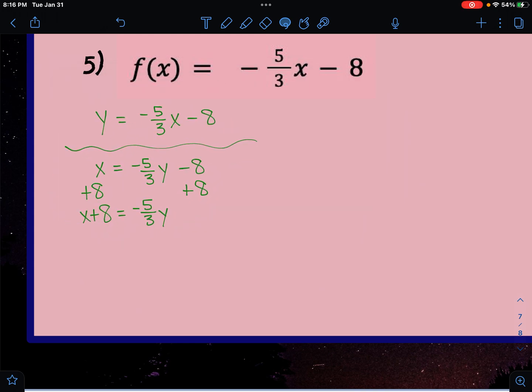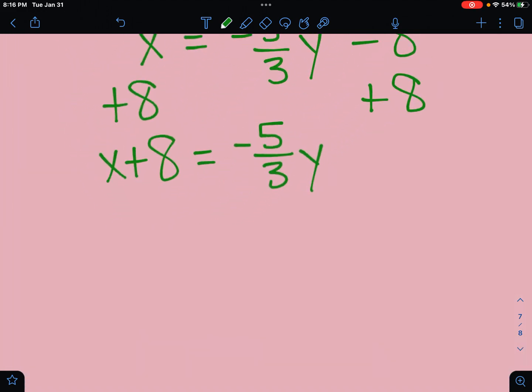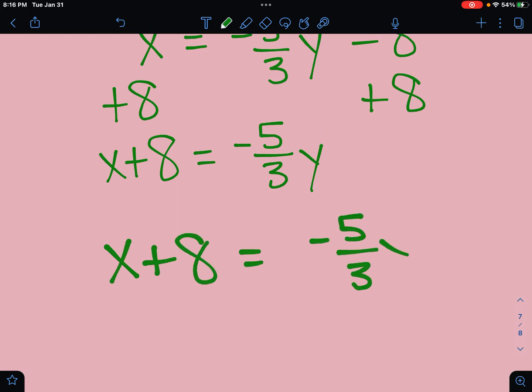Okay. So now I'm going to rewrite this so I have a little space here. Just like we did in number 1, the very first one we did on the notes, we need to get this coefficient of y, we need to make it 1, and a positive 1.